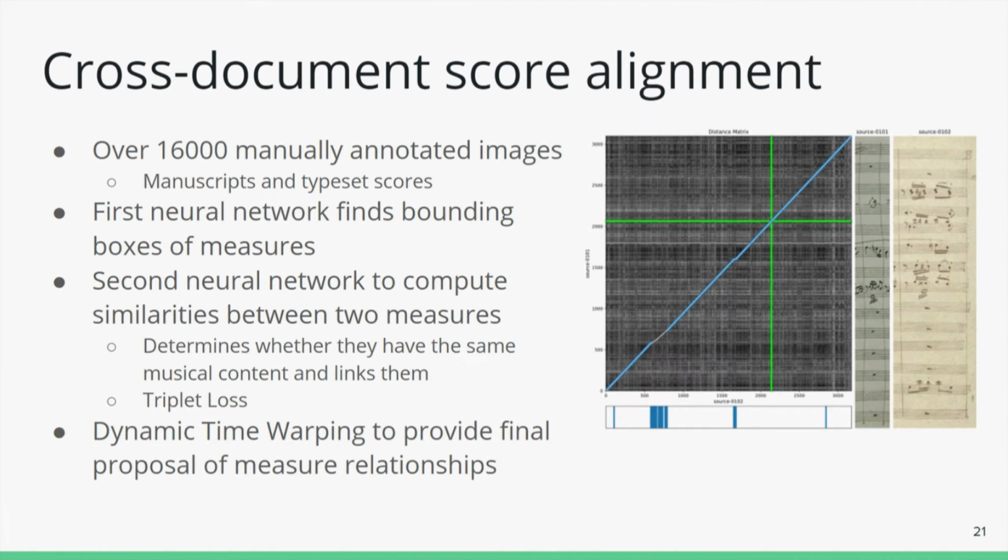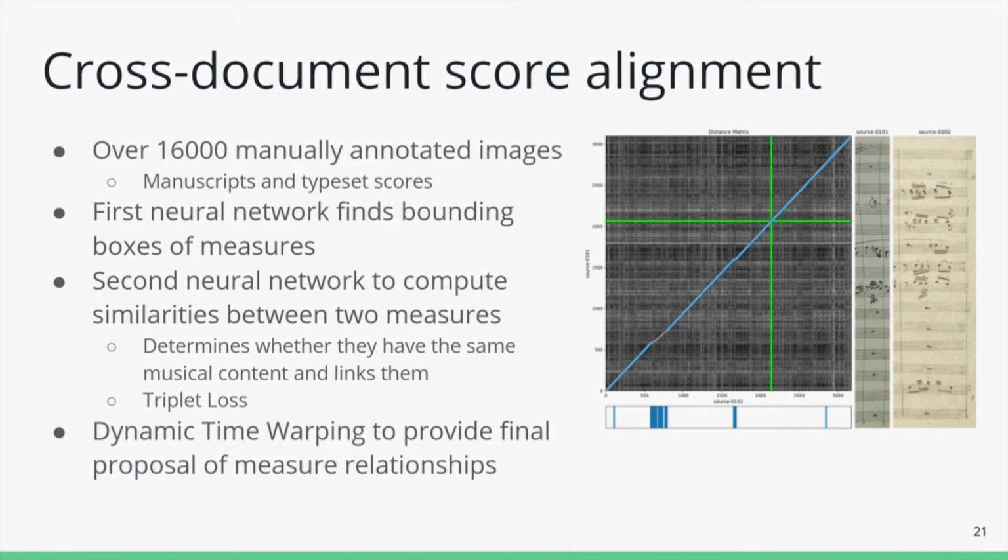So what we did was we manually annotated over 16,000 pages of music, including manuscripts as well as typeset scores. And we annotated them measure by measure, meaning that all instruments that play at the same time, that's a measure, and trained a neural network to find the bounding boxes of all measures automatically in music scores.